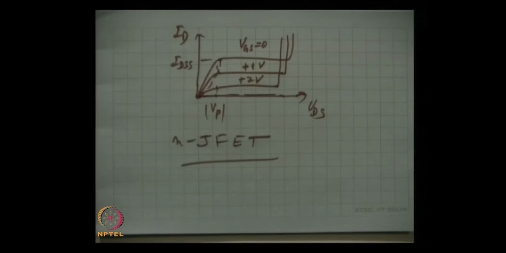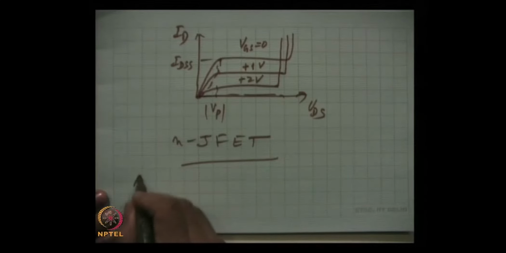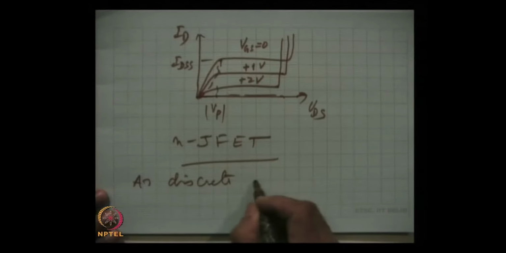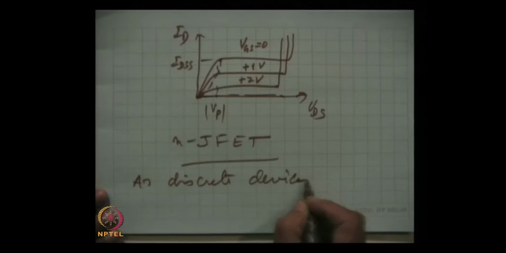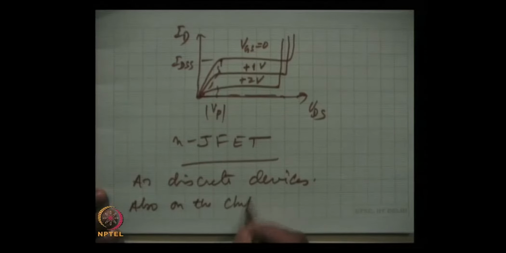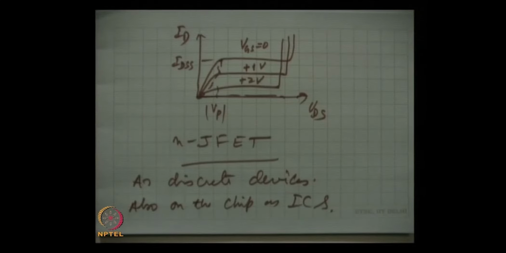JFETs, junction field effect transistors, are fabricated as discrete devices, and also on the chip in integrated form, as ICs. They are available.